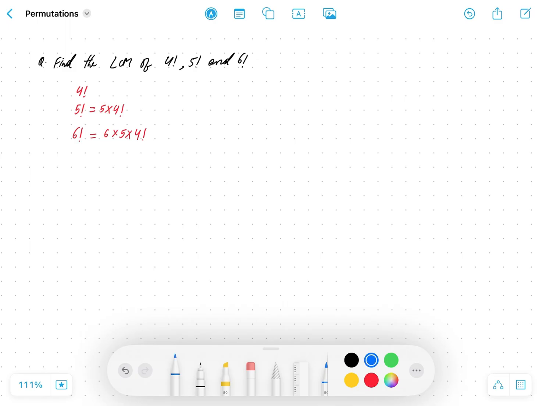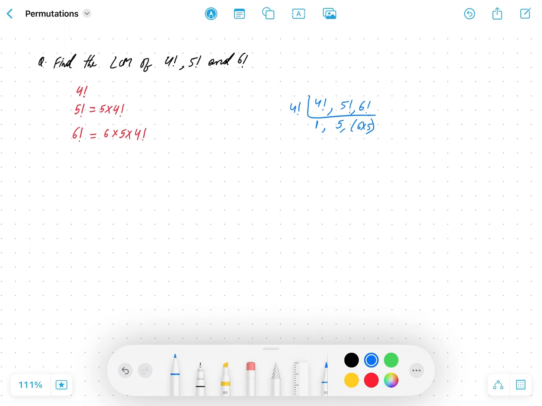Okay. Now let us understand this the way we did the LCM in our childhood. 4 factorial, 5 factorial, 6 factorial. You all know that we divide by 4 factorial: 4 factorial ones are 4 factorial, 4 factorial 5s are 4 factorial, and 4 factorial 6 into 5, right?